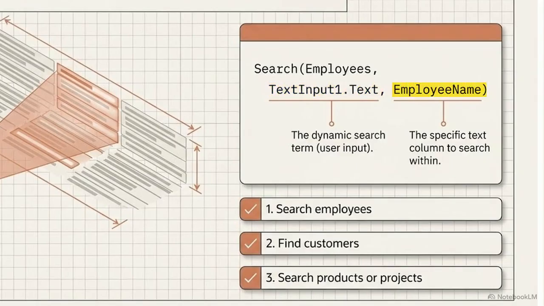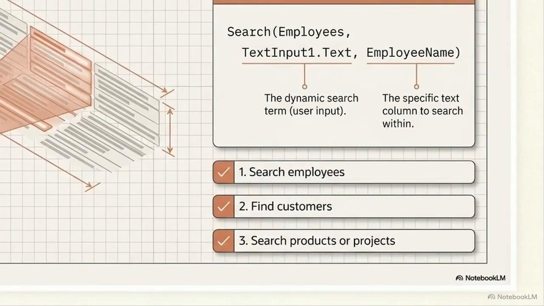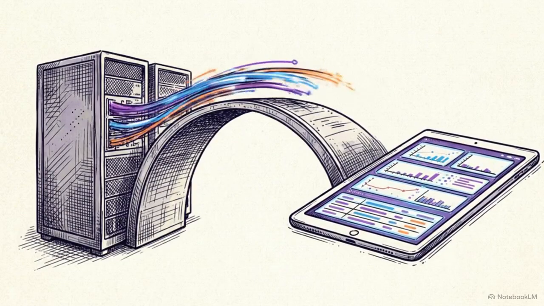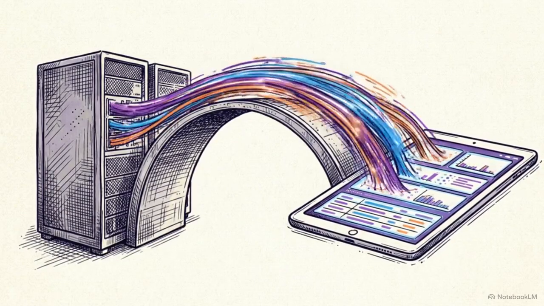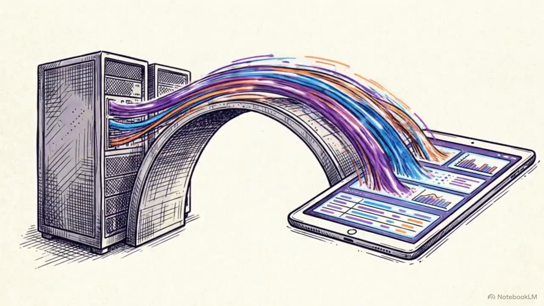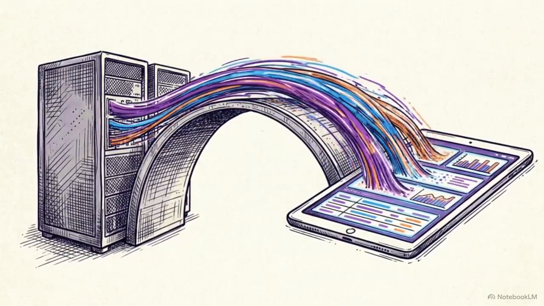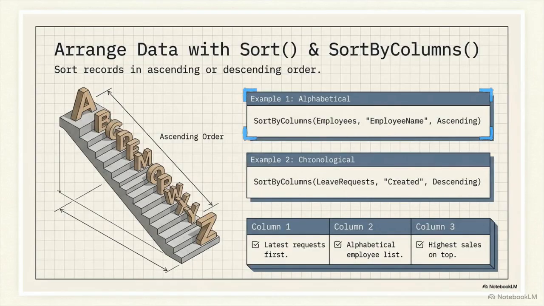As the user types even a partial word, the app instantly yields substring matches, populating the gallery in real time. Mastering Filter, LookUp, and Search gives you precise control over what data crosses the bridge from your backend database into your user interface.